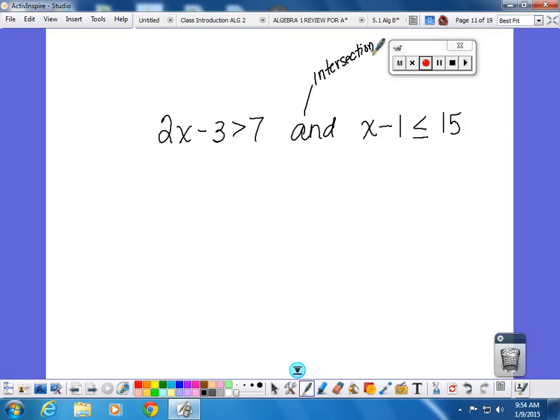So if I add 3 to both sides, and I divide by 2, I get this.